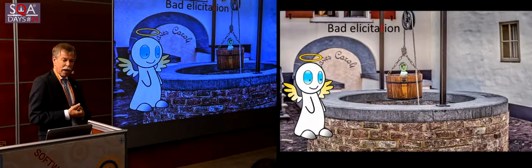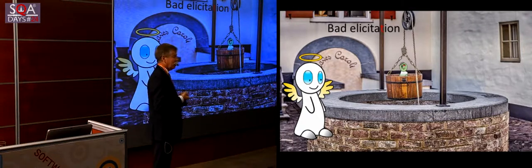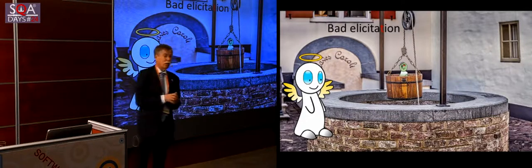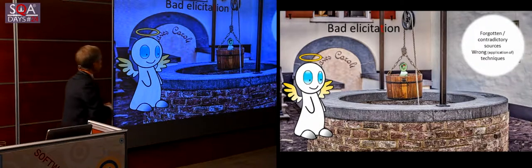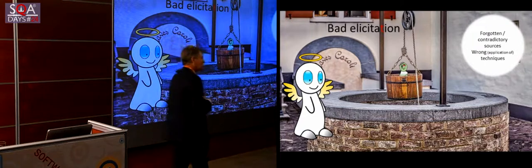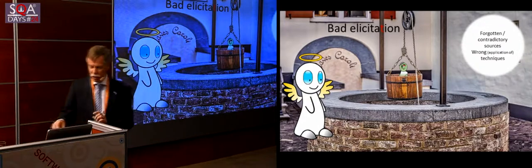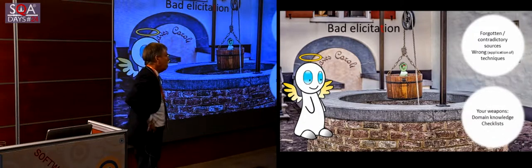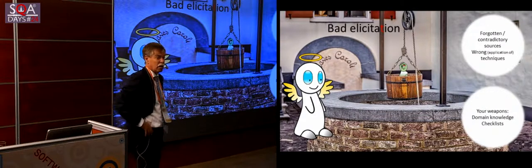So what do we do about bad elicitation? And remember, this bad elicitation is the worst part because it usually leads to ugly requirements that, if you don't detect them, you'll find in production or late in acceptance testing. It might be about forgotten or contradictory sources or a wrong application of techniques or inconsistencies, etc., and basic factors that are overlooked, etc. You don't have too many weapons there. The most important weapon is domain knowledge. And, well, that's not easy.